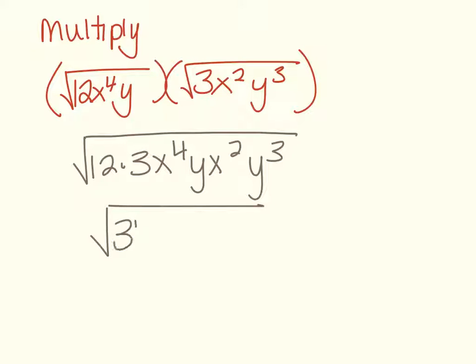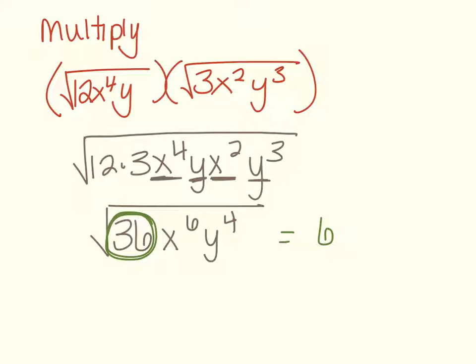This is 36. Going back to the last section that I have, if I have 4 x's there and 2 x's there, I have a total of 6 x's. If I have 1 y there and 3 y's there, I have a total of 4 y's. Hopefully we recognize that 36 is a perfect square. Perfect squares, they come to the outside.